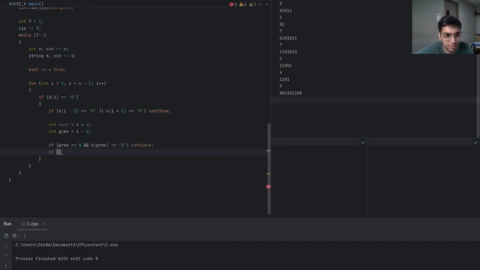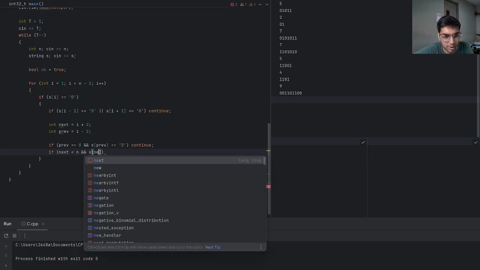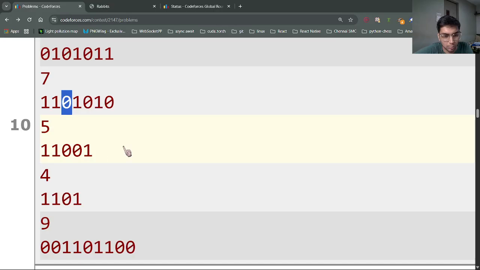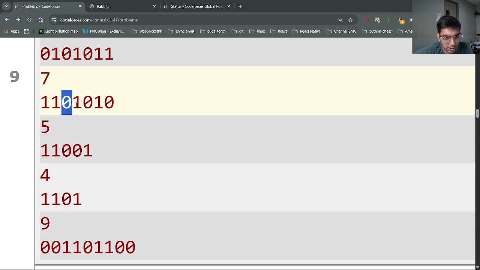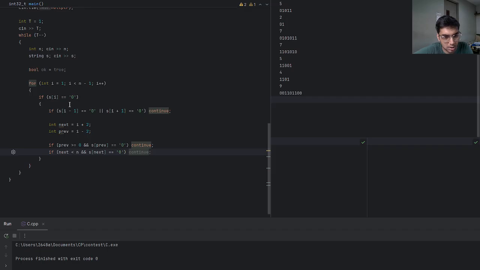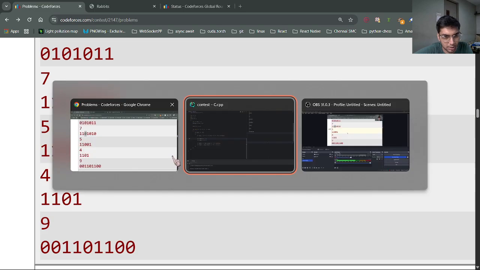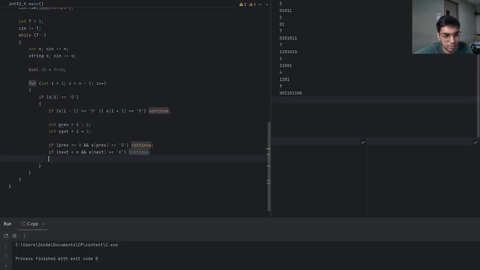If next is less than n, inside bounds, and s of next is also a 0, then also you continue because it doesn't matter, right? Plus 2 you're doing, and that guy, if it's the same then it doesn't matter.